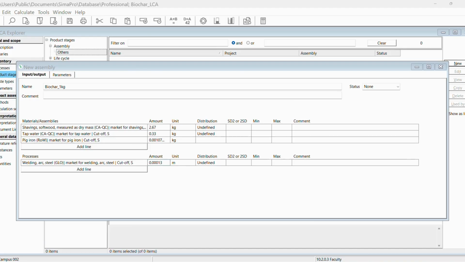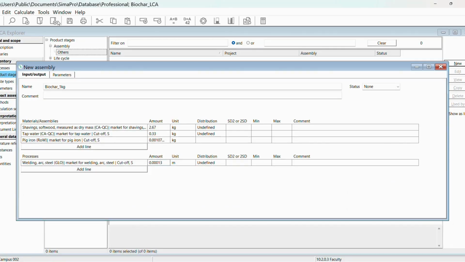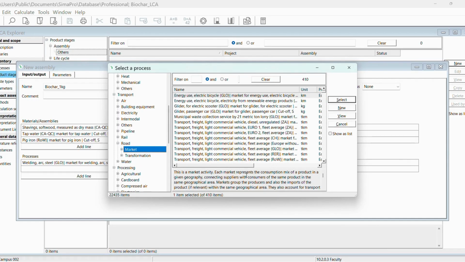Then next category, transportation. So let's update transportation now. Transportation, road, let's say market.